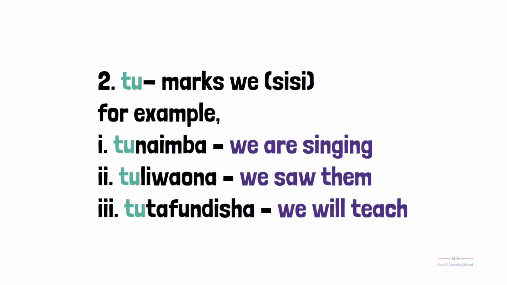Now let's see number two. We have tu, which marks sisi. For example, tunaimba, which means we are singing. Tuliwaona, we saw them. Tutafundisha, we will teach. So tu stands instead of we, which is sisi in a Swahili sentence, and this is attached to a verb. Tunaimba, tu stands instead of sisi, which is we.